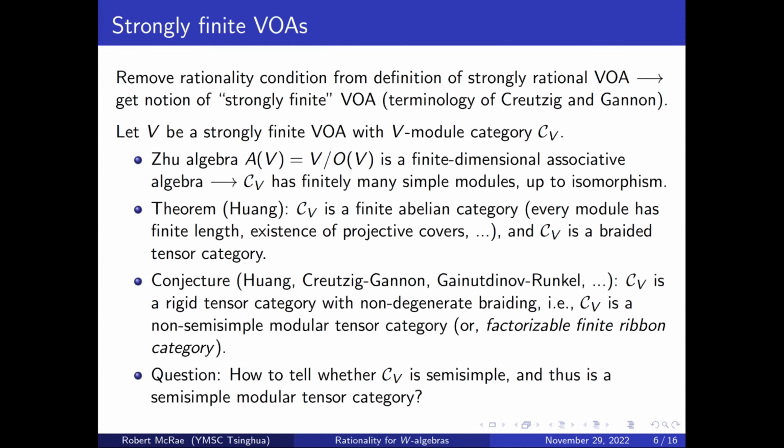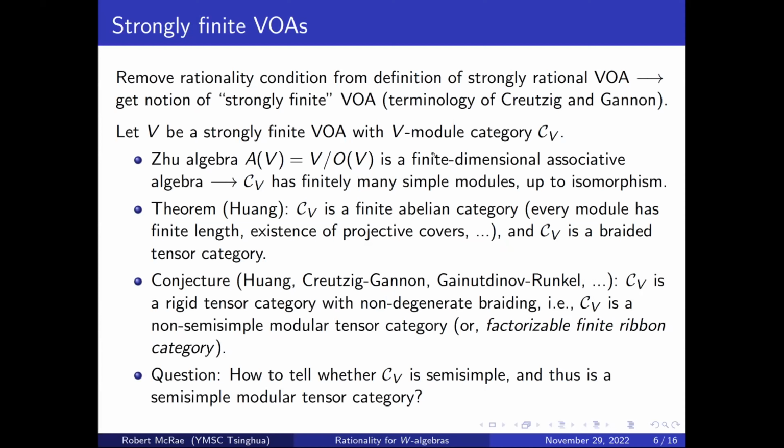So here is a list of some of the important properties of strongly finite VOAs. The first has to do with the Zhu algebra of a VOA, introduced by Zhu, which is an associative algebra structure on some quotient of the VOA. I won't go into detail about the definition, but essentially the Zhu algebra describes the way a vertex operator algebra acts on the lowest degree space of a V-module.